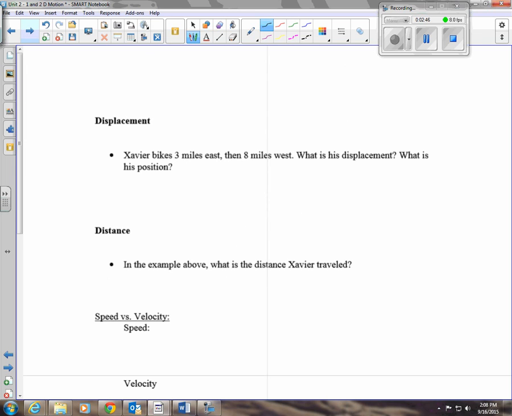Now, displacement. Displacement is defined as the change in position. So it's delta x, and we can find it by doing the final minus the initial. So we've got this person going 3 miles east, so it starts here someplace, goes 3 miles this way, and turns around and goes 8 miles that way.